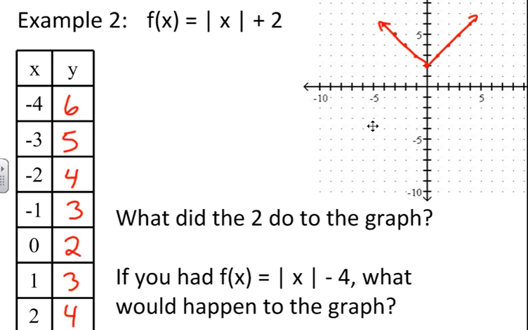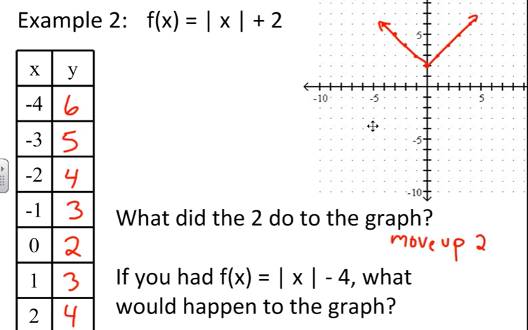So when we added a number to the absolute value of x, what happened? Well, when we add 2, it moved up the vertex 2. The whole graph moved up 2 units.